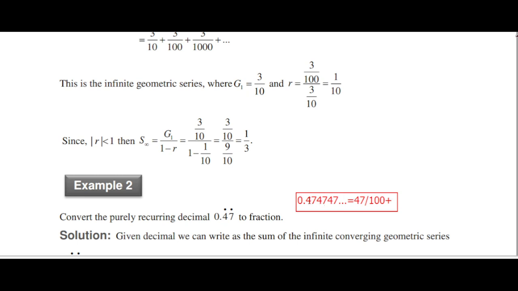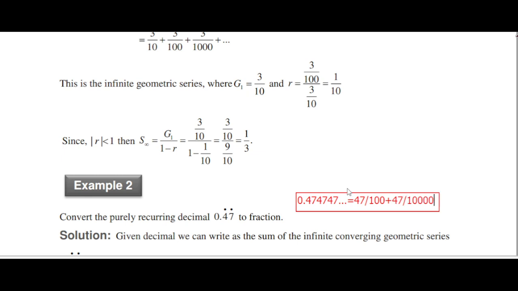For the first term we write 47 over 100. For the next one, how many digits after the decimal point? 1, 2, 3, 4, so 47 over 10,000.